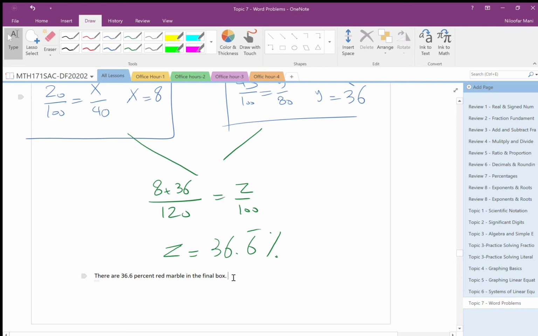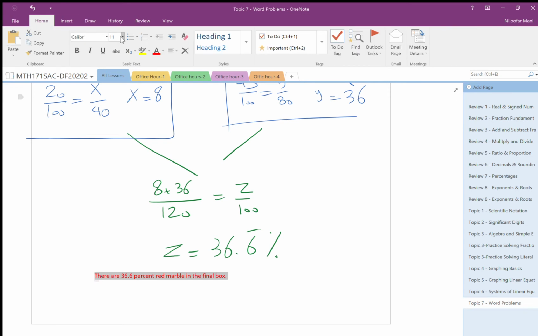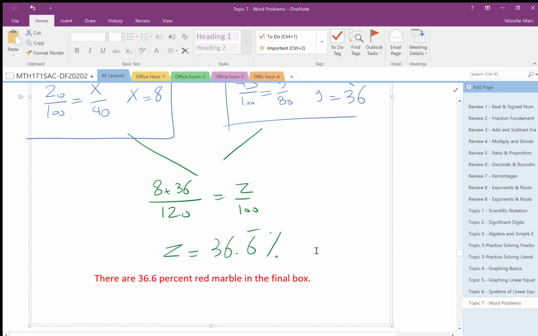All this many percent of the final box is red.